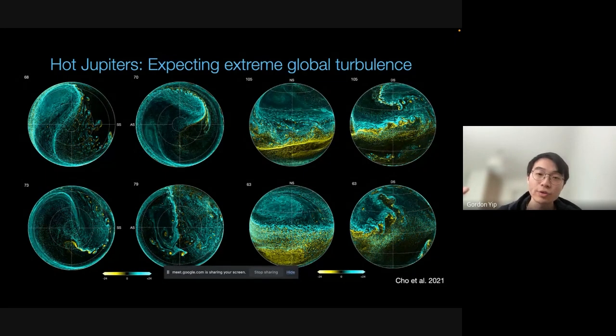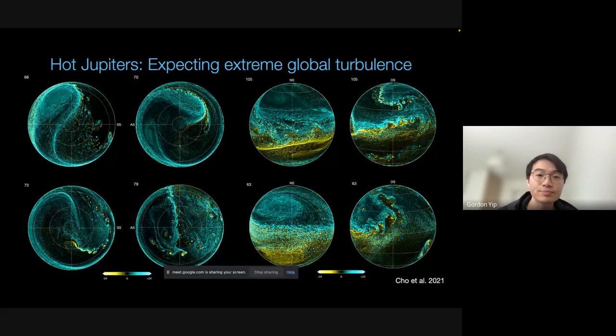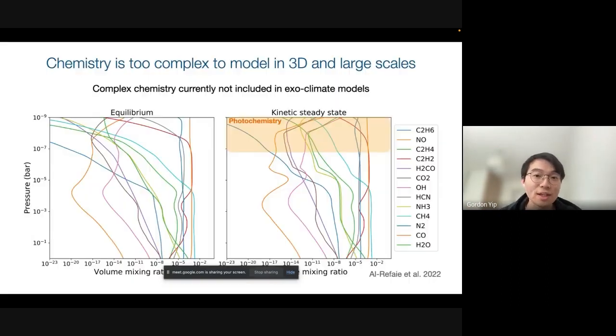But then he applied it to exoplanets, so 2000, 3000 Kelvins, very, very hot. And you can see just how many details there are. And we are only modeling the dynamics of these planets, not the radiative transfer, not the chemistry. And it takes a week to produce this kind of visualization. And if you're doing simulations yourself, you know that this is just one simulation. There are many other simulations that you need to try before you can get to that result.